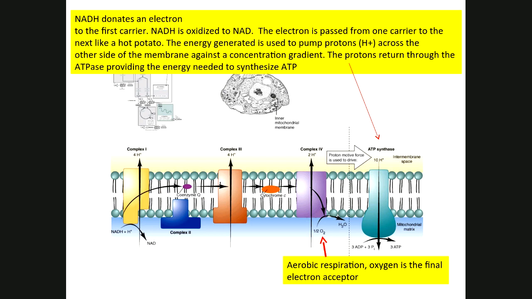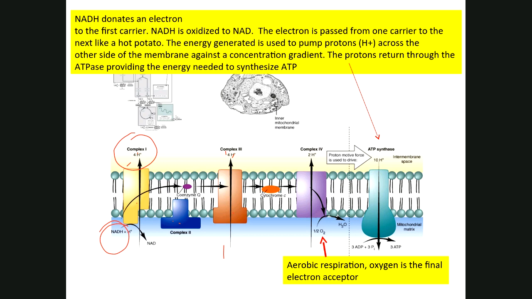And this is an electron transport chain from a eukaryote. Complex 1 is the first one that accepts the hydrogen ion and the electron from NADH, gives it to coenzyme Q, which shuttles it to complex 3. And notice that complex 1 and complex 3 pump hydrogen ions to the other side of the membrane.